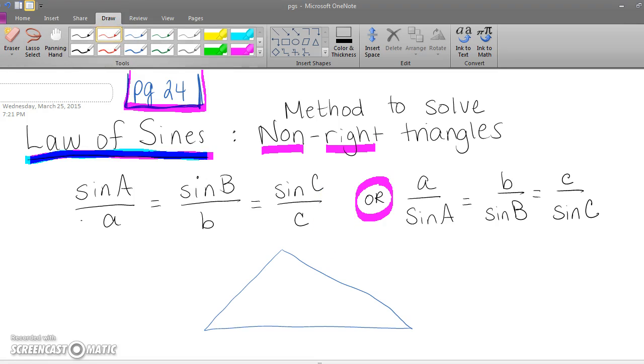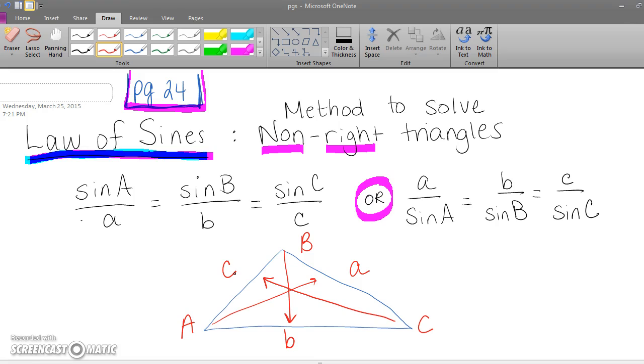Also, something to remember is that in a triangle, if we have A, B, C, those big letters represent angles. Opposite would be considered the smaller letter. So opposite A would be little a, opposite B would be little b, and opposite C would be little c.